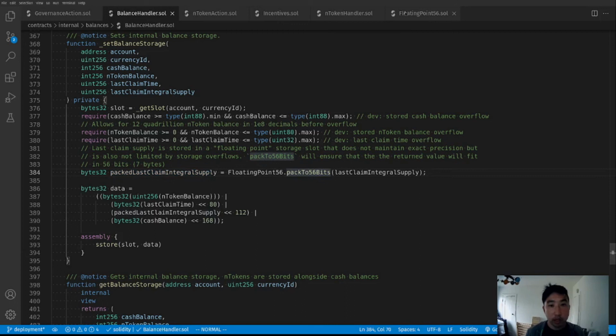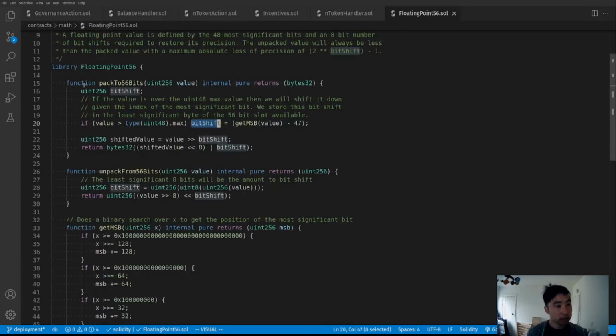So what this does is, if the value is greater than uint48, which is 1 byte less than what we have available, we're going to get the most significant bit and shift that value down such that we only retain the 48 most significant bits of that integral total supply. So we're going to lose some precision.